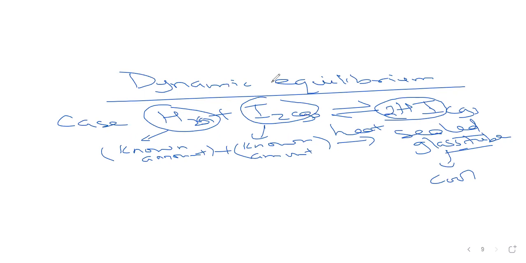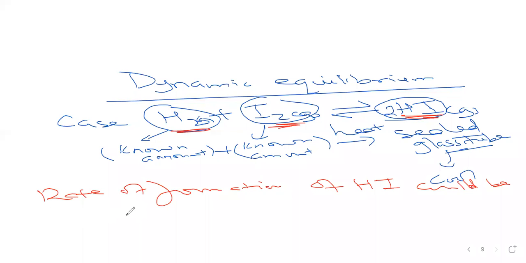But what do I want to emphasize? I want to emphasize that due to the presence of both reactants and products at the same time in the reaction mixture, there is an implication that the rate of formation of hydrogen iodide would be equal to the rate of reaction between hydrogen and iodine.